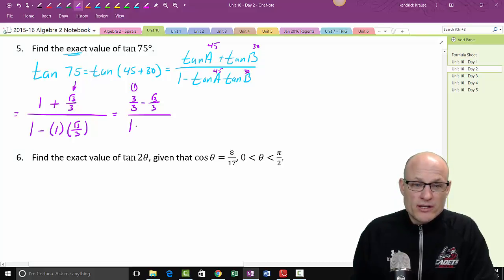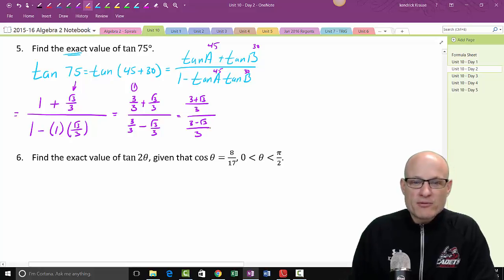And then on the bottom, 3 over 3 again, minus radical 3 over 3. So this one becomes 3 plus radical 3 over 3, all over 3 minus radical 3 over 3.